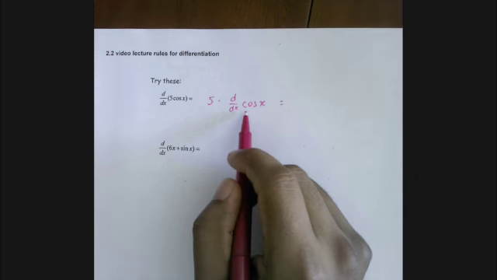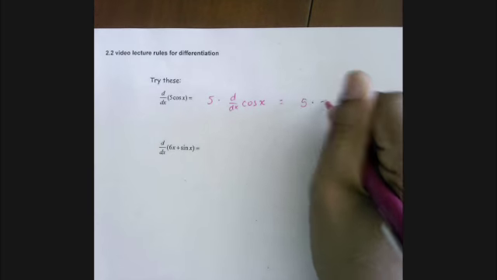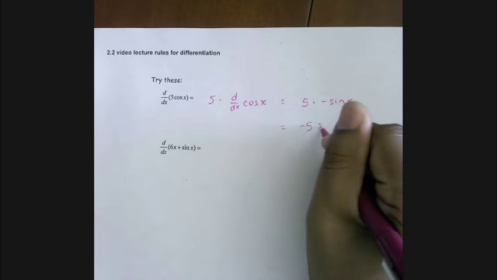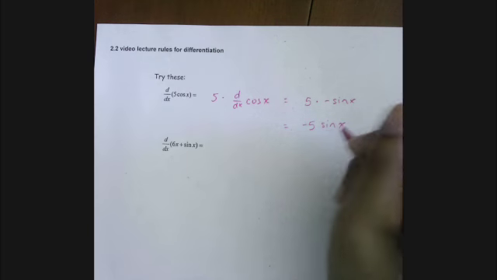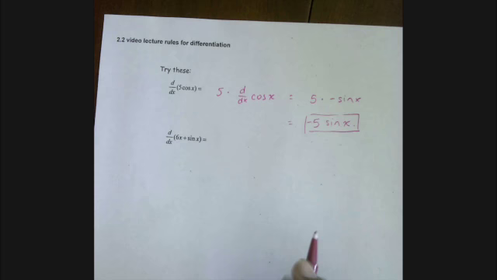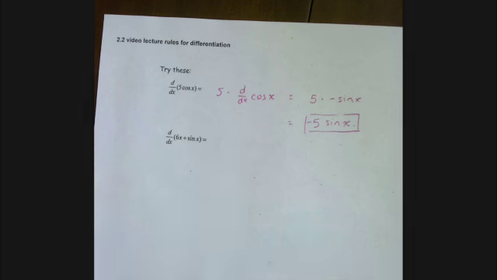The derivative of cosine x is negative sine x, so we'll get 5 times negative sine x, which simply is negative 5 sine x. Notice again, I didn't need any limit rules here. I didn't need to put this into the original derivative notation with limits. All I really needed to know was the derivative of cosine x, which is negative sine x.